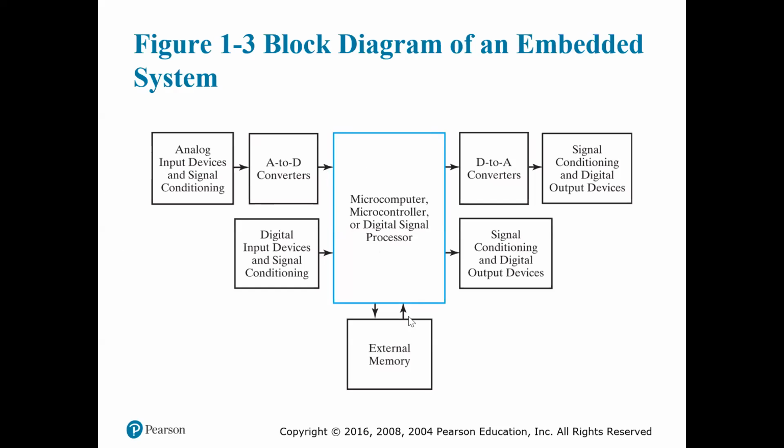And part of the embedded system would be some external memory from the microcontroller, which could be cache or registers. If the final output is analog, then there would be a digital to analog converter. If the final output is digital, then there's no converter needed.